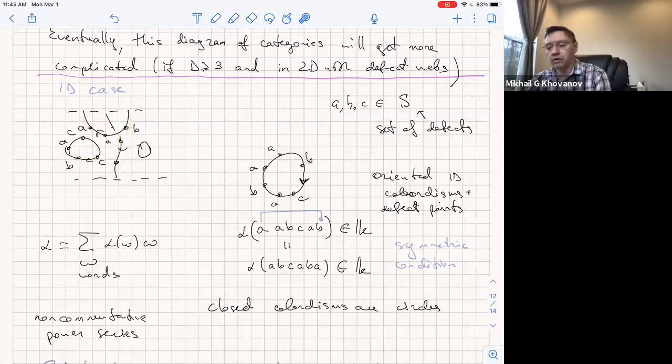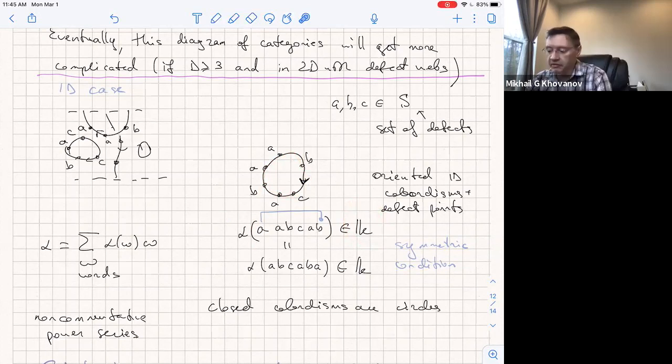If you look at closed cobordisms in dimension 1, it's a union of circles, and now circles come with a sequence of labels, A, A, B, C, A, B, which tells us what the defects are. To this circle with defects we assign a number, an element of the ground field. I call this assignment function, again, alpha. Alpha takes the data of a circle with a sequence of defects and assigns a number in k.